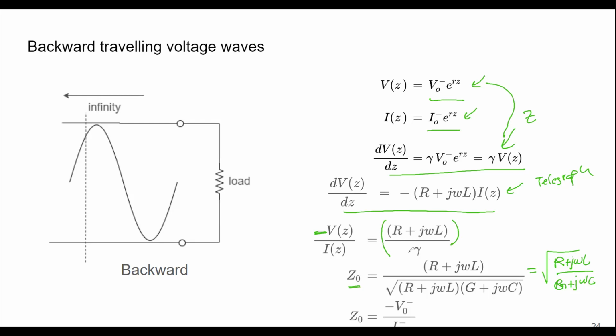So in both the forward going and backward going voltage scenarios, the characteristic impedance is the same, and it is equal to the square root of R plus j omega L over G plus j omega C, right? The way it is denoted using voltages and currents is different: the forward going voltage and forward going current ratio is equal to Z naught, and the ratio between the backward going voltage and minus the backward going current is equal to the characteristic impedance, right?